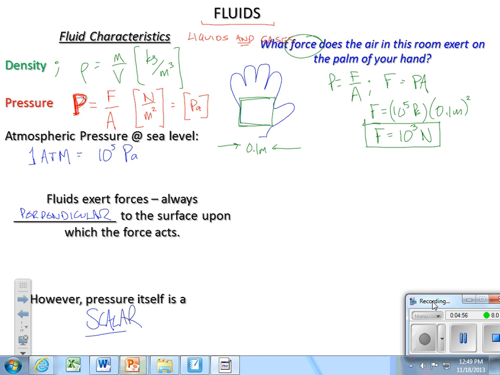That's 1,000 newtons, almost like the weight of 100 kilograms, but I sure don't feel it. That means the air is pushing on my hand that hard. Why don't we feel that? I guess, A, because we're sort of used to it, and B, because there's the same force on the back of my hand pushing the other way, so certainly that's the reason my hand doesn't accelerate one way or the other.